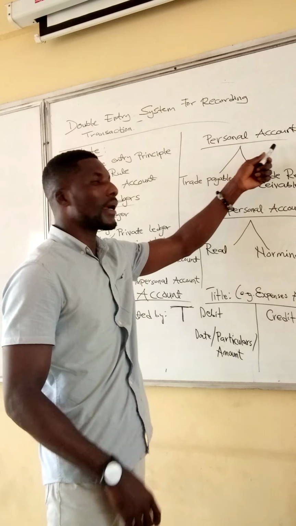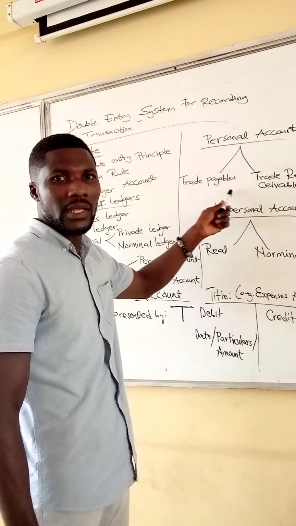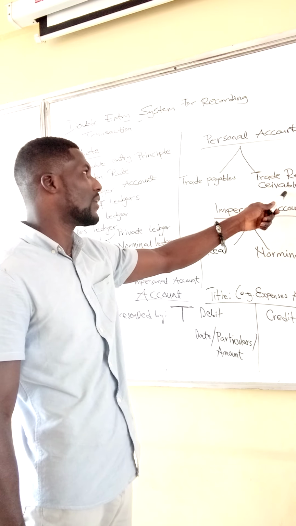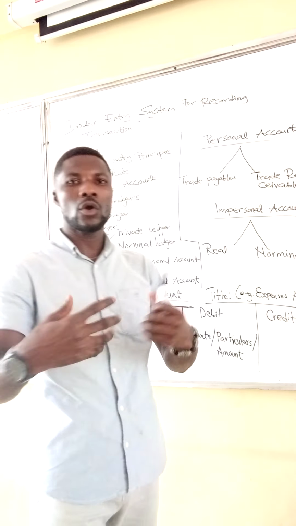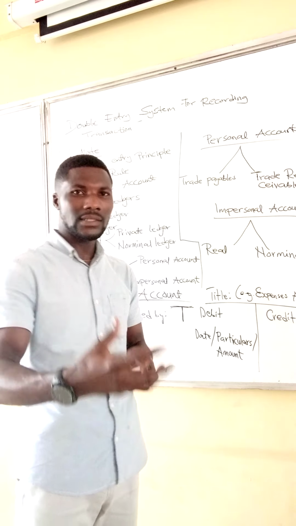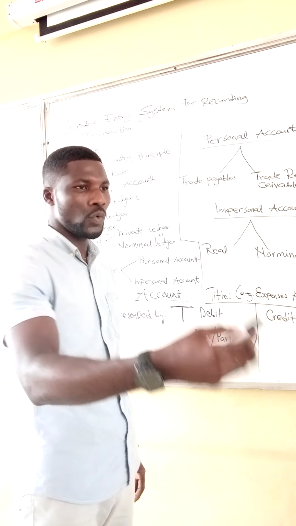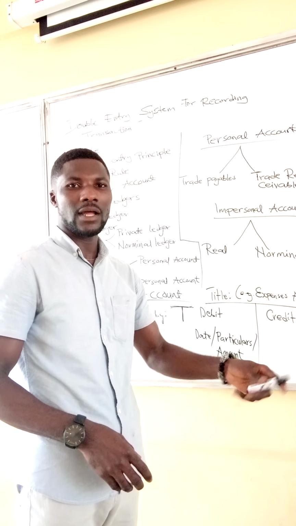With the personal account, it has two sides. That is the trade payables and trade receivables. Trade payables are customers that you owe, or suppliers that you owe. Do you understand?